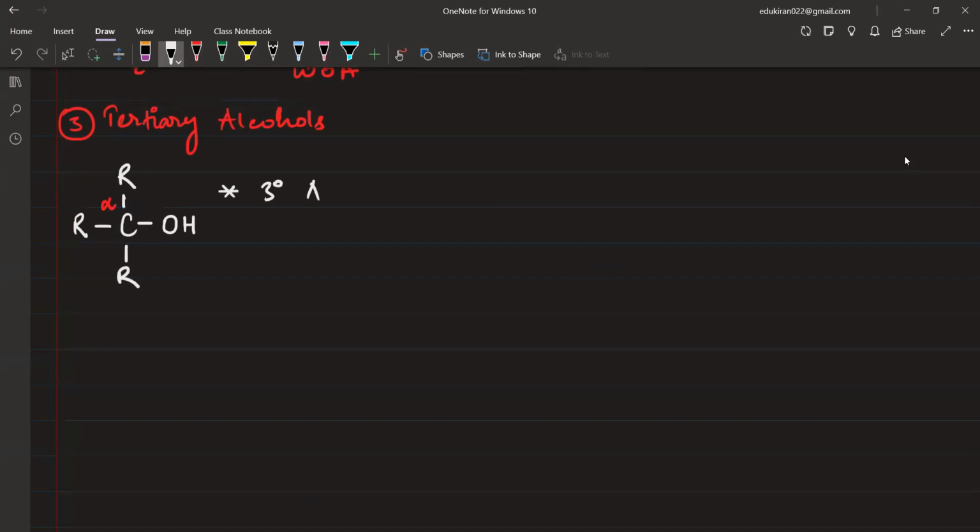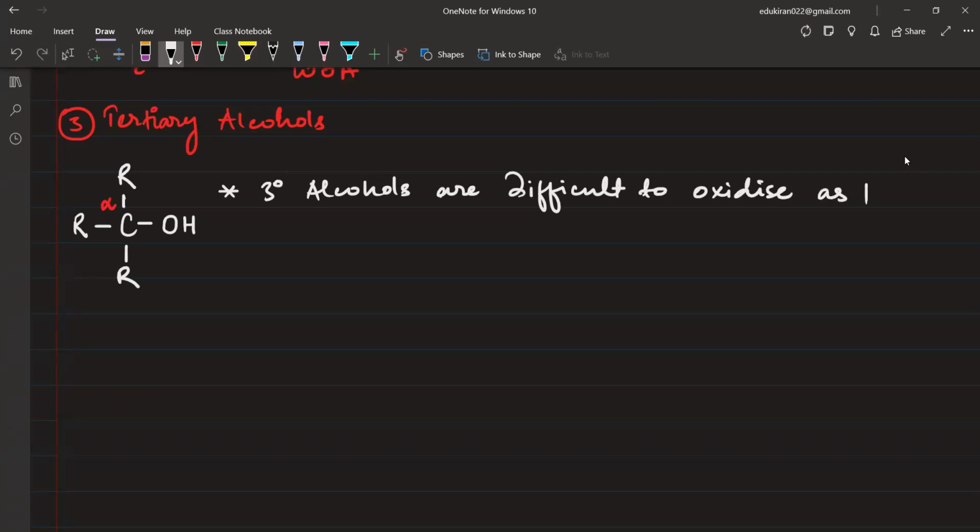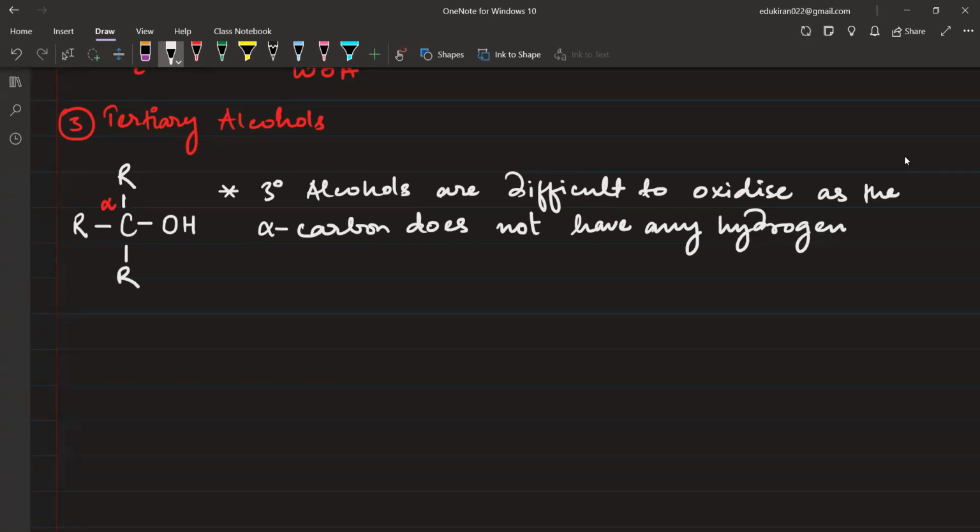You can write 3-degree alcohols are difficult to oxidize as the alpha carbon does not have any hydrogen.